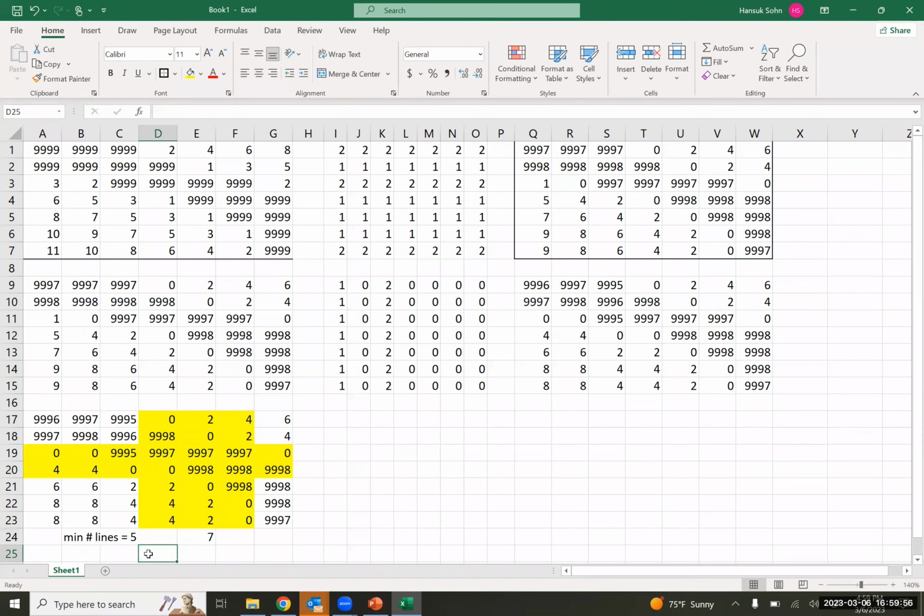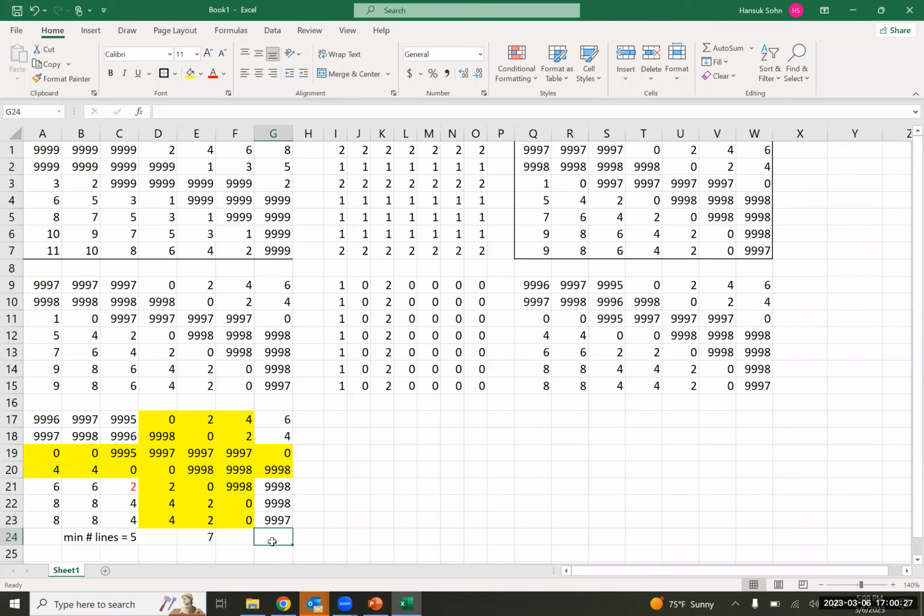So these two numbers are not equal. So what you need is to move on to the next step, step number 4, which is we need to locate the smallest unlined cost, right? So what is the smallest unlined cost then? I believe 2 is the smallest unlined cost right here, okay? So this is the minimum unlined cost.